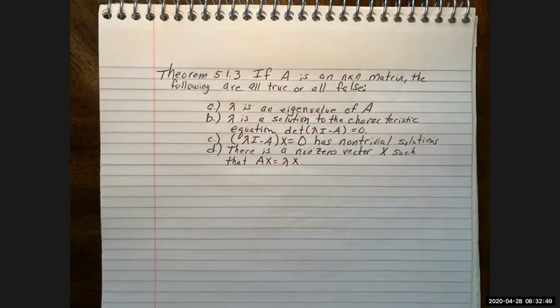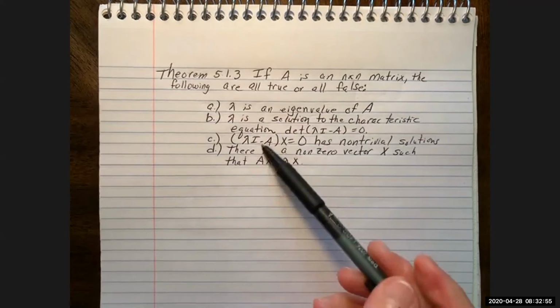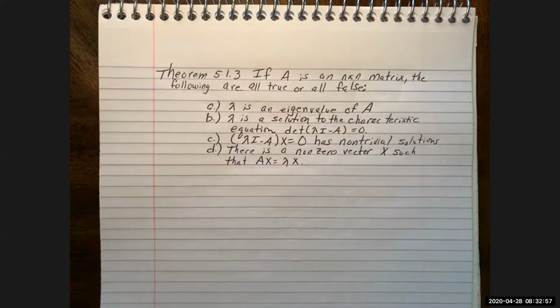So that one just kind of sums up everything we've done. If one of them is true, all three of the others are true. If one of them is false, all the other ones are false. Obviously, if there is no non-trivial solution, then everything else goes out the window.